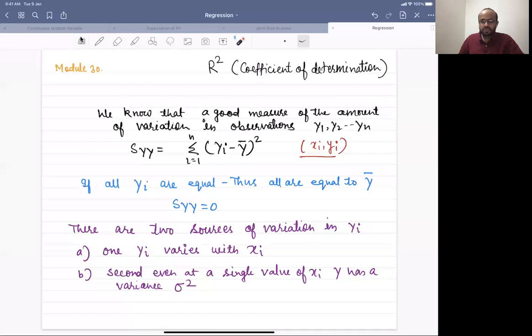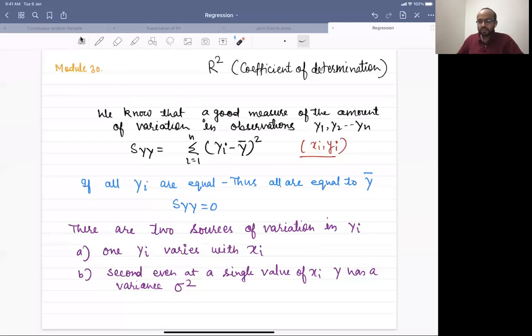And we also showed that beta naught cap and beta 1 cap may vary from one sample to another sample. That means beta naught cap and beta 1 cap will be random variables, and their distribution depends on yi.